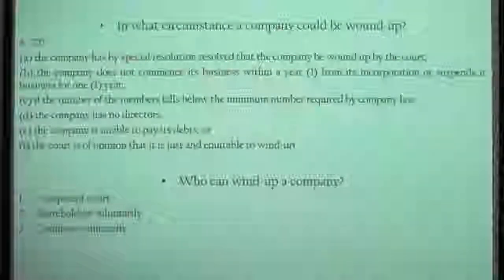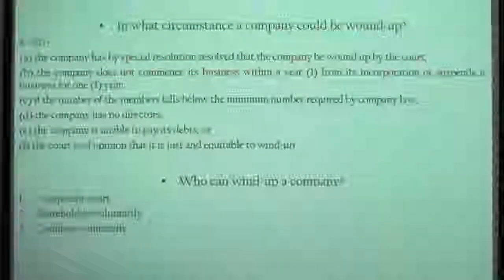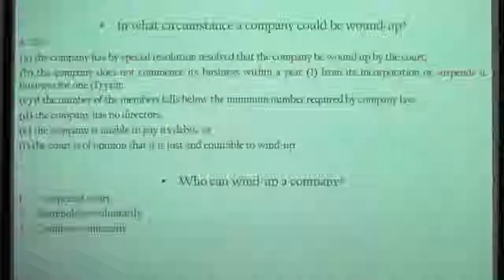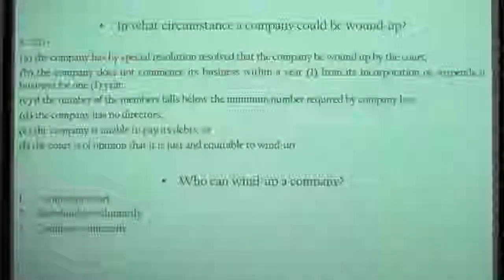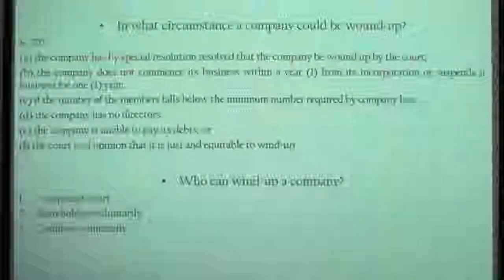Since the incorporation of the company, if the company doesn't commence its business activities for a period of 1 year, or while the company was going on for a period of 1 year, the company did not engage in business activities, in either of these circumstances, a company may be wound up.